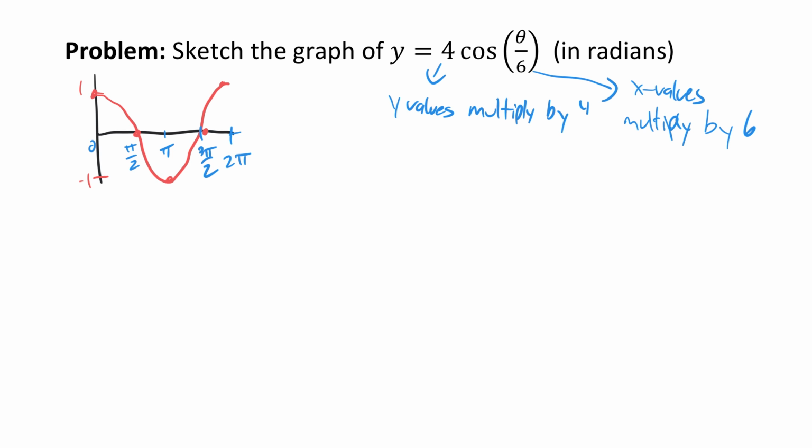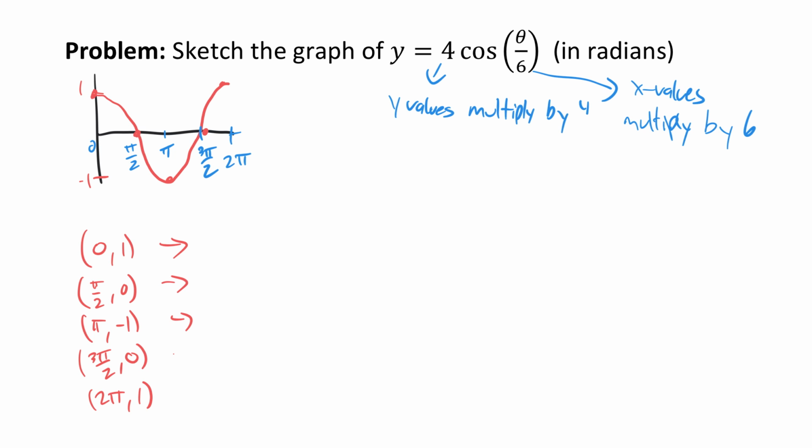Okay, so we can again set it up like we would a regular transformation. We can put our original values here, sort of like mapping. So we have 0 and 1. We have pi over 2, 0, pi, negative 1, 3 pi over 2, 0, 2 pi, and 1.